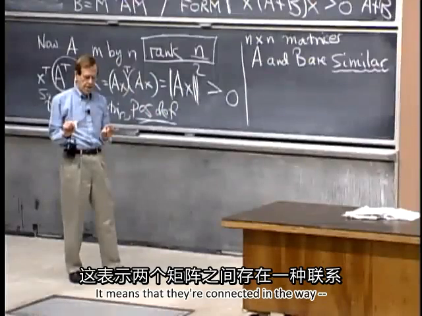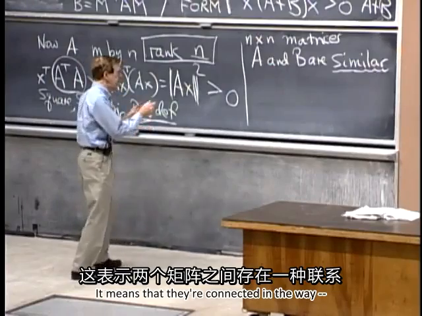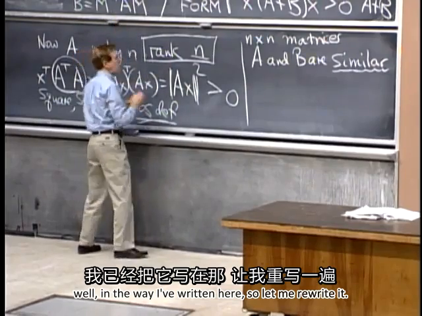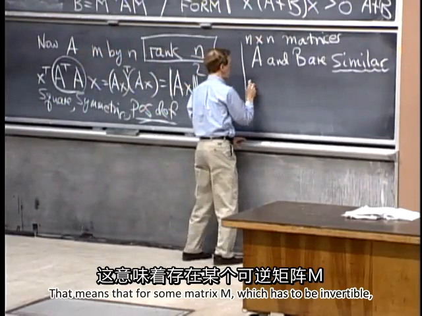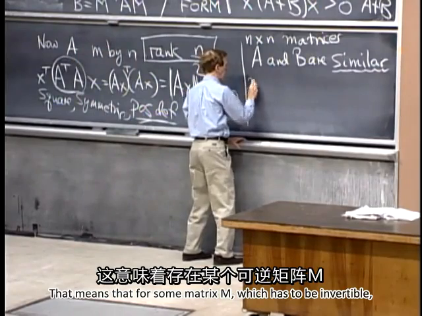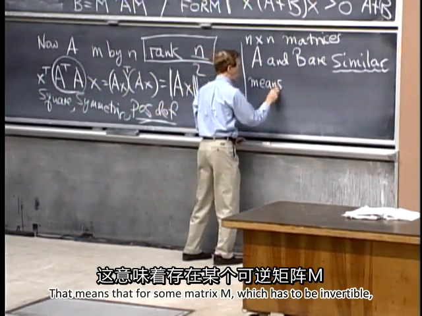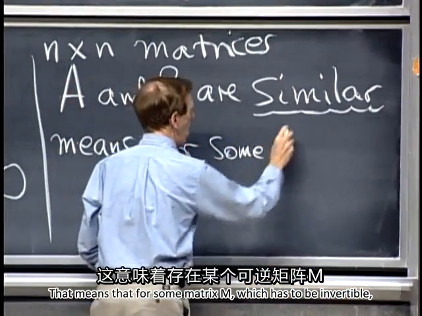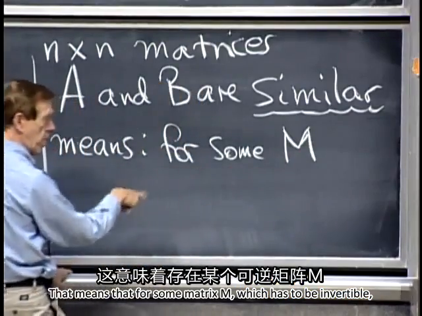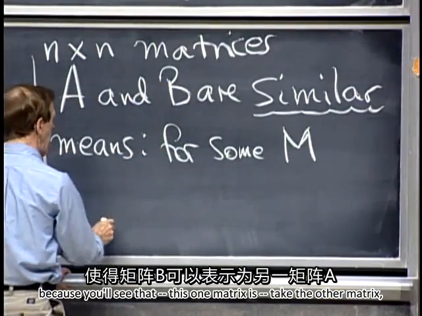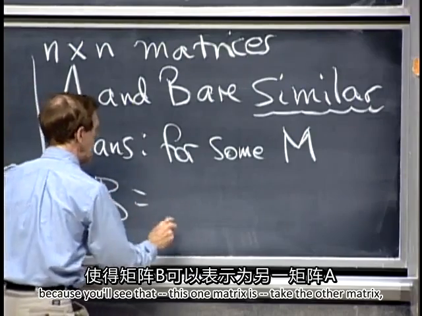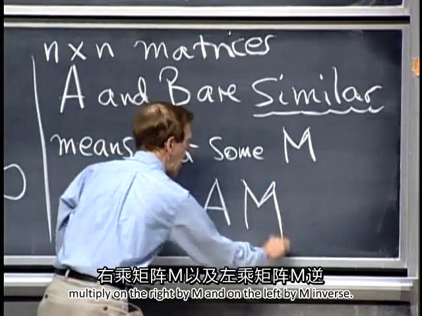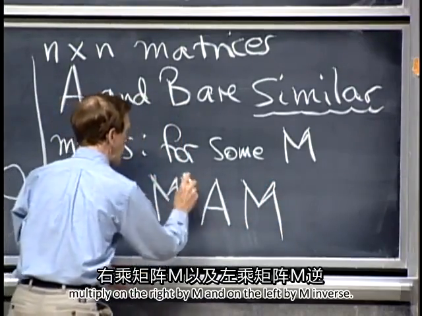It means that they're connected in the way I've written here, so let me rewrite it. That means that for some matrix M, which has to be invertible, you take the other matrix, multiply on the right by M and on the left by M inverse.